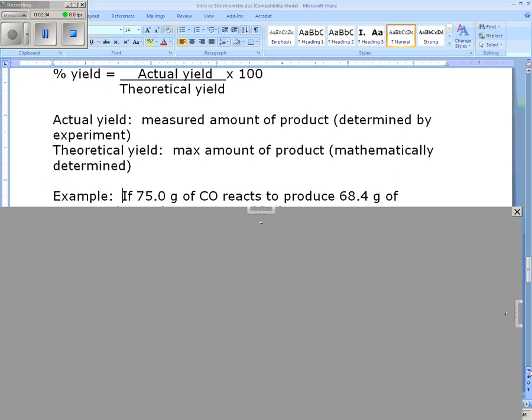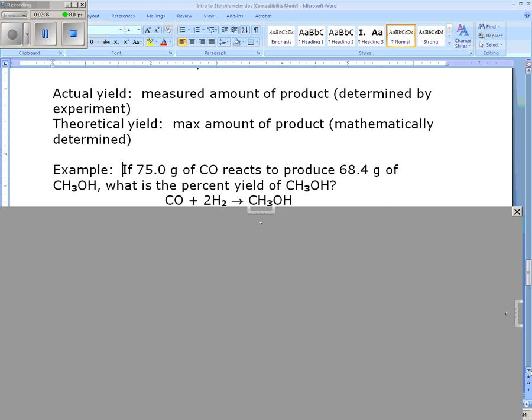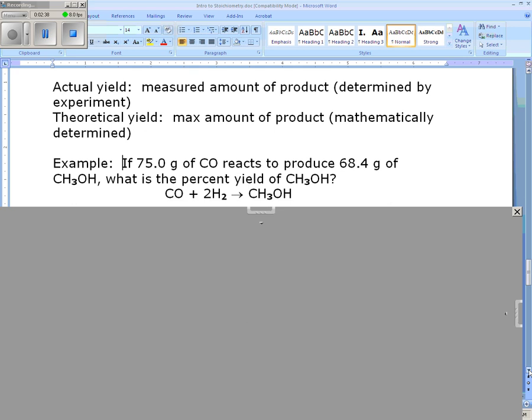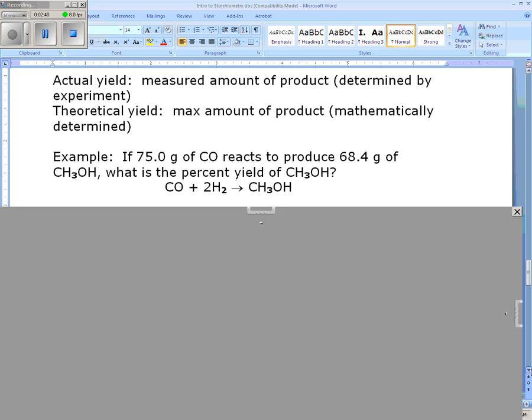All right, so we have this problem. If 75 grams of carbon monoxide react to produce 68.4 grams of methanol, what is the percent yield of methanol?